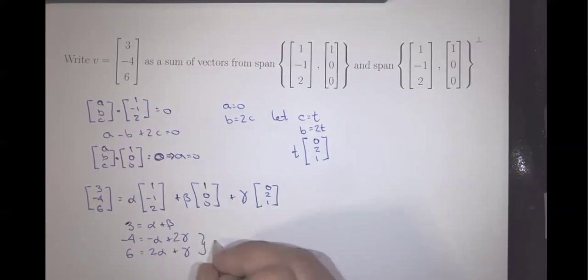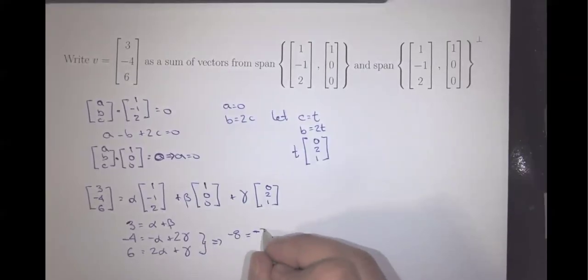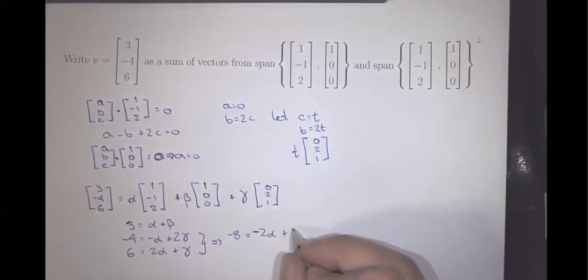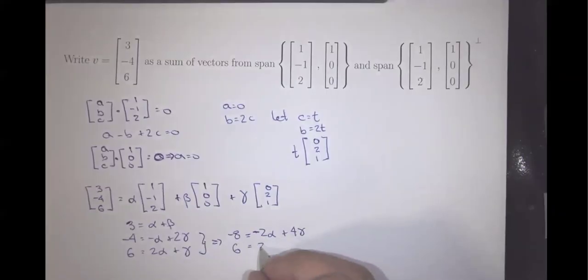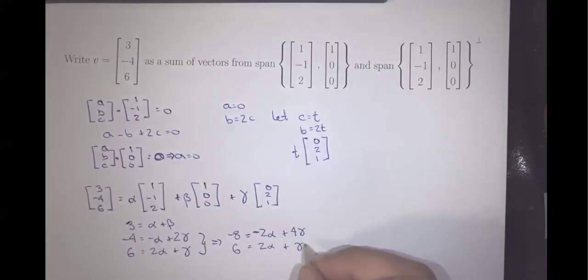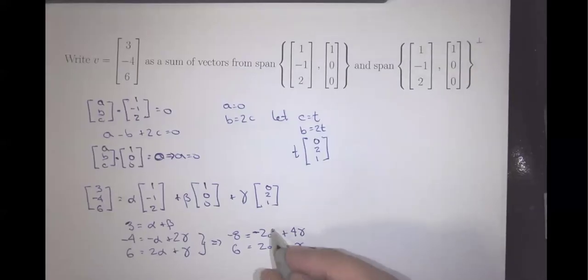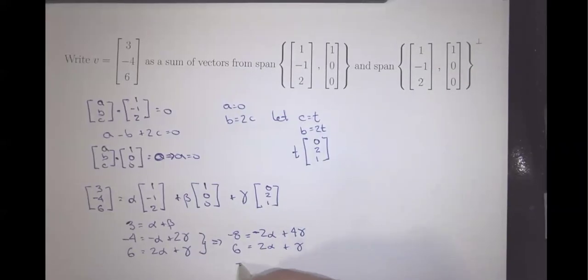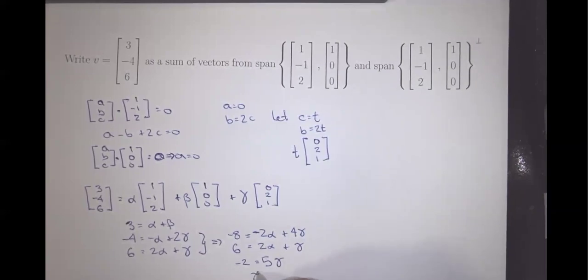So putting these two together, we get -8 is equal to -2 alpha plus 4 gamma. 6 is equal to 2 alpha plus gamma. And so when we add those two together, our alphas are going to cancel. We're going to get -2 is equal to 5 gamma, or gamma is -2/5.